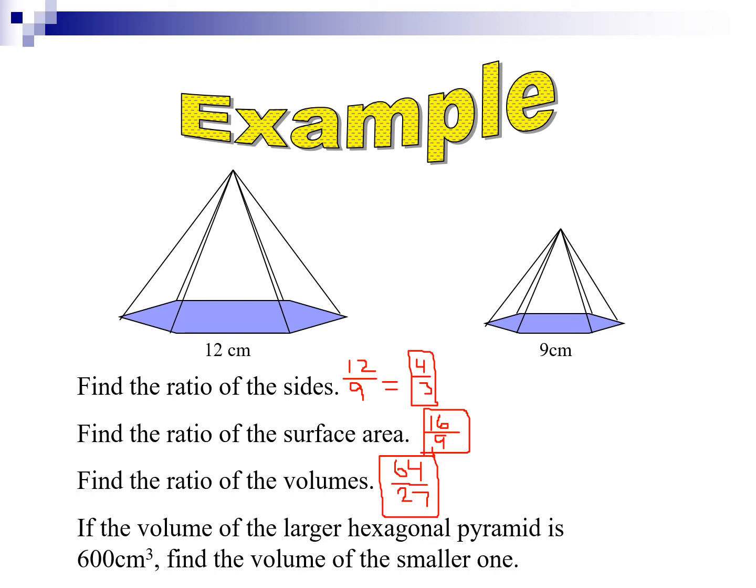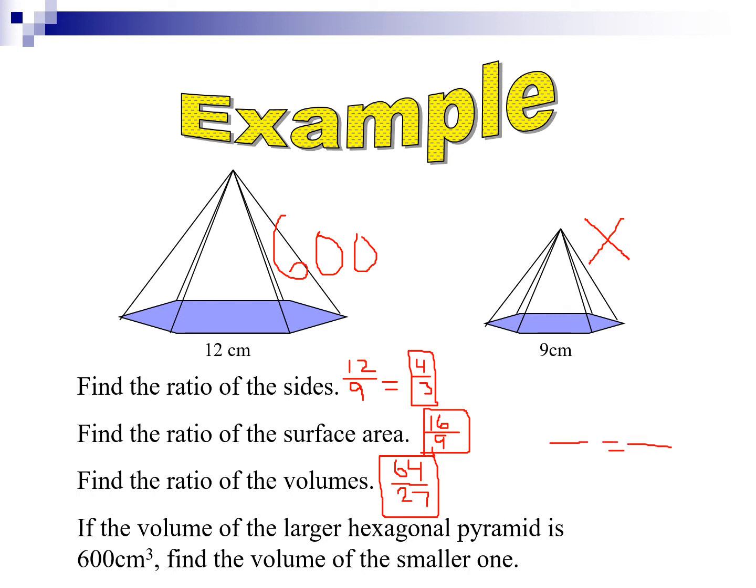Now they're going to give you more information. They tell you that the volume of the larger hexagonal pyramid is 600 centimeters cubed. And then now you have to find the volume of the small one. Okay.